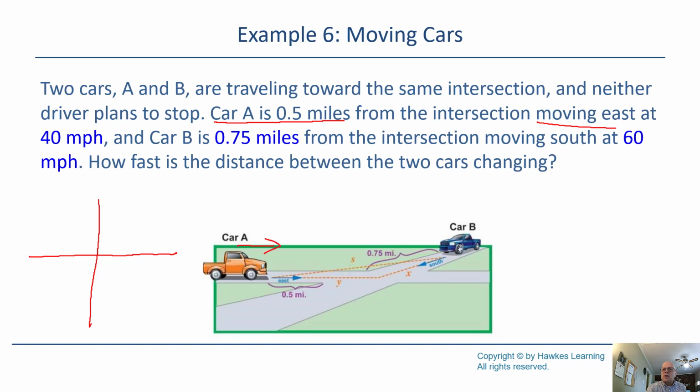It's going in this direction, and it's half a mile from the middle of the intersection. Car B is 0.75 miles away, and it's traveling toward the middle of the intersection at 60 miles an hour. 40 miles per hour here, 60 miles per hour there.